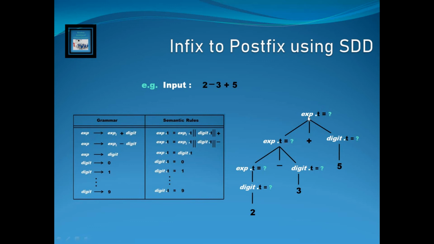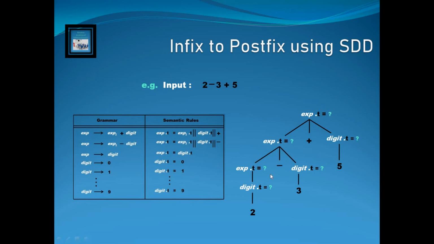Okay, so starting from its left operand, the main expression's left operand, this one. We want to evaluate the value for this expression's postfix form, but in order to evaluate it we again have to go to its leftmost child, then rightmost child, then we will come to evaluate it.